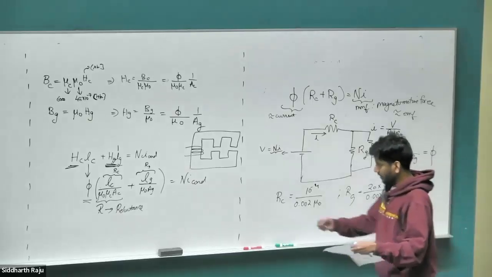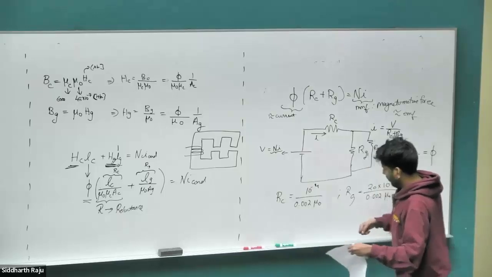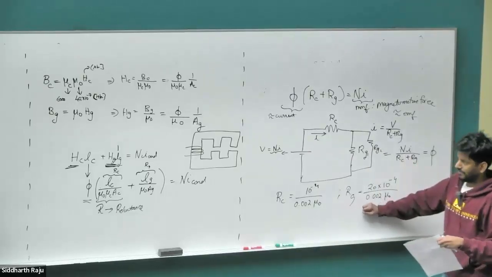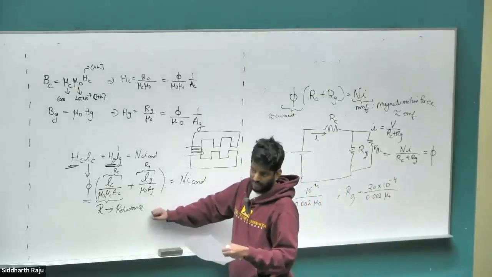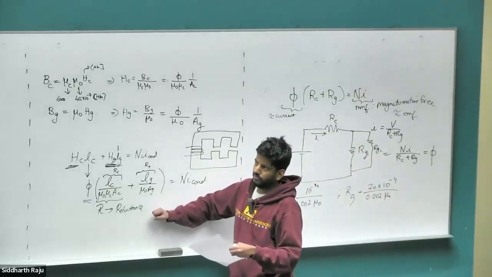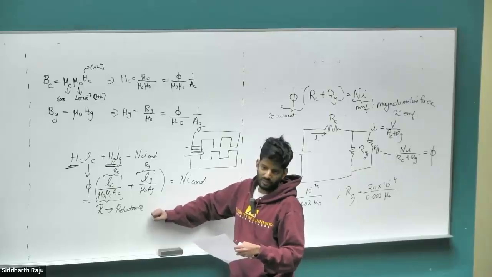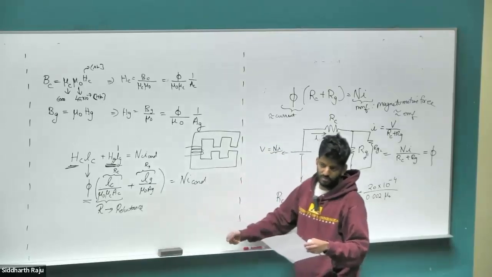So if you look at the reluctance of the core, it is 1 by 20th of the reluctance of the air gap. In spite of the core length being extremely large, about 30, 40, 50, 60, 70 centimeters, while the air gap was just 0.2 centimeters.